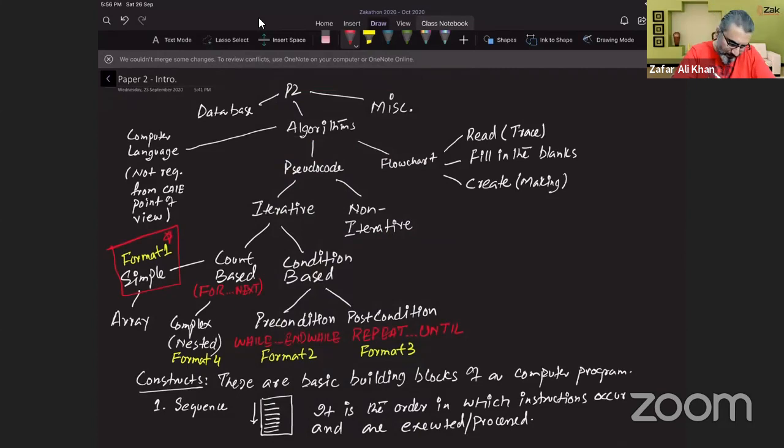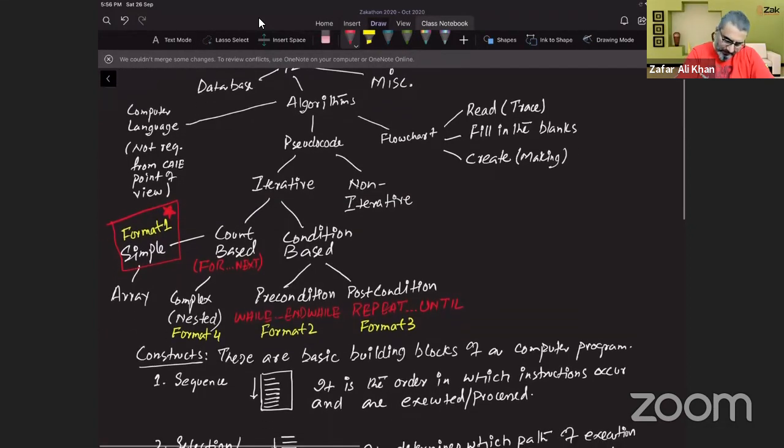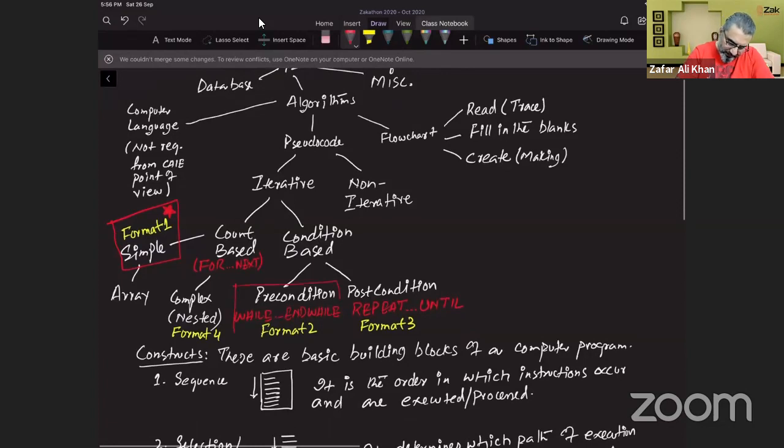This we have completed. Now we will move on to format 2, which is while and while. Okay, so now we are going to discuss this. All right, so let's see.